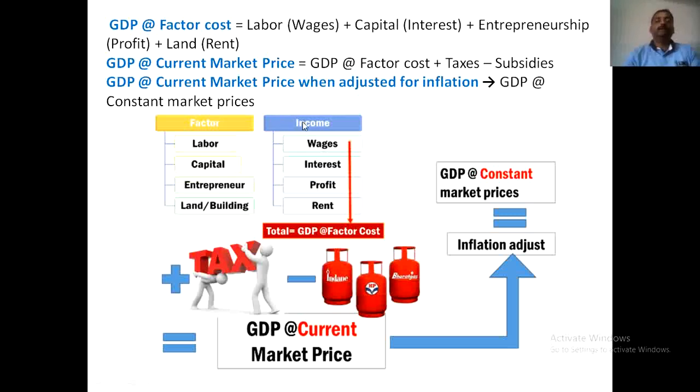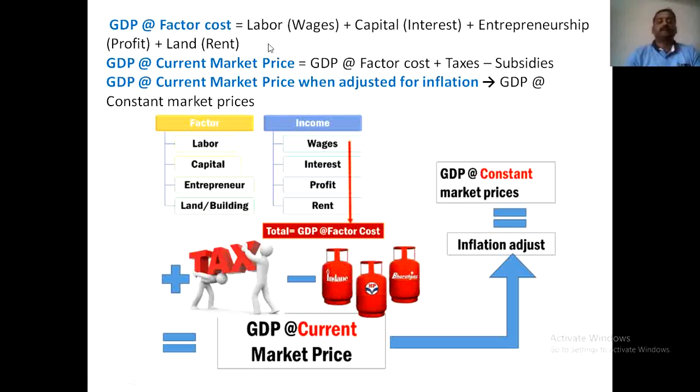Okay. Now, for calculating GDP at factor cost, we need to do the summation of all this, that is, the wages earned by labor. Then we need to add capital, which generates interest, so that needs to be added here. And the entrepreneur who earns the profit, we also add there. And here we can say land or rent. So we can take an example.